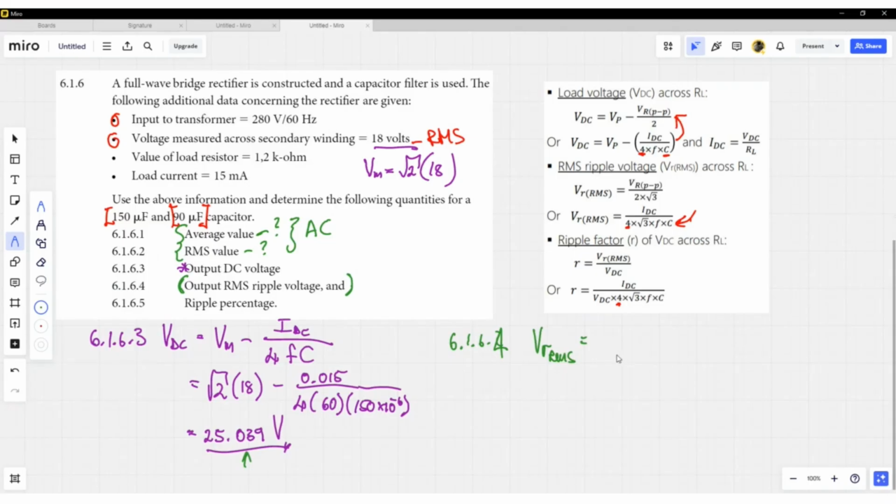This RMS value is going to be IDC over 4 square root 3 times FC. 60 hertz, and our capacitance again is 150 microfarads.